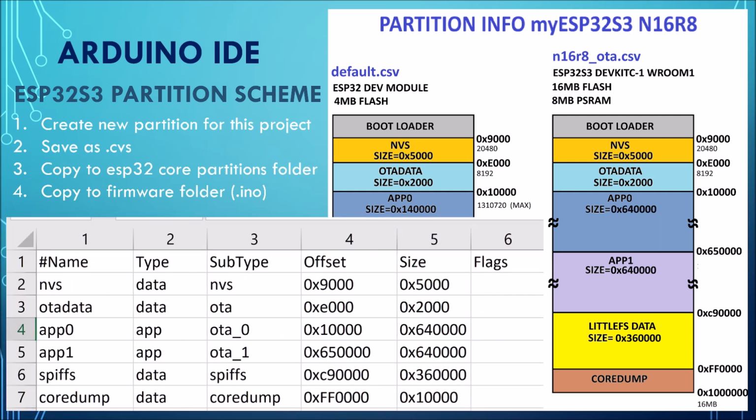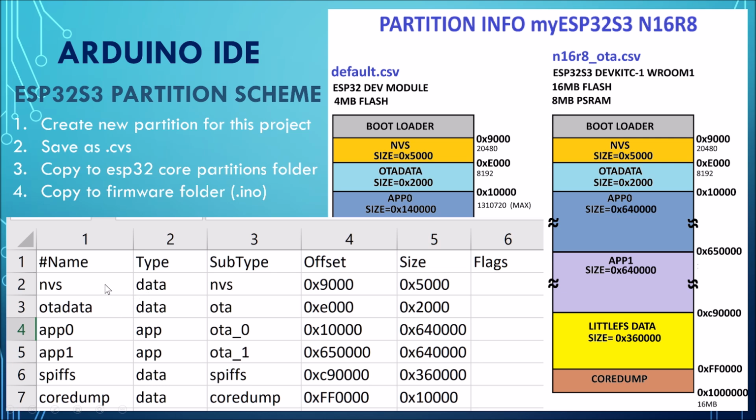In terms of making the partition file, it's a CSV file, comma delimited data, which is arranged as a series of rows and columns. So I'm using an Excel spreadsheet to do this. It could easily be created in a text file, but then just separate each of the fields with a comma.